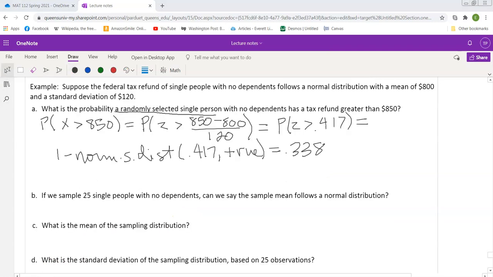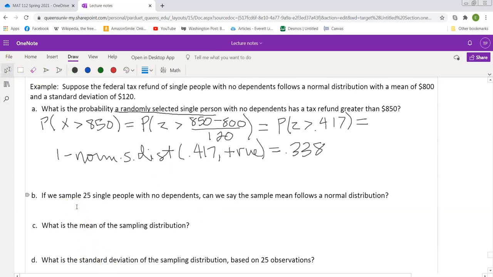So now let's look at part B. Part B says if we sample 25 of the people from this population up here, can we say the sample mean follows a normal distribution?